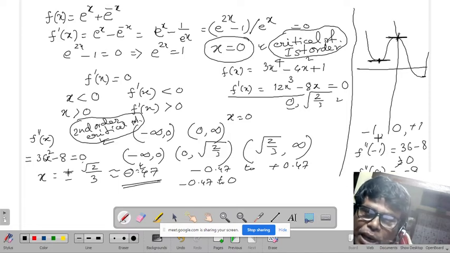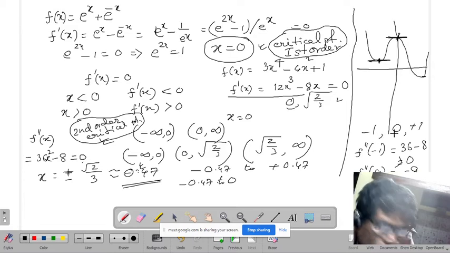So at minus 1 it is positive, and at 0 it is negative. But at f double dash of 1 it is again greater than 0, positive.